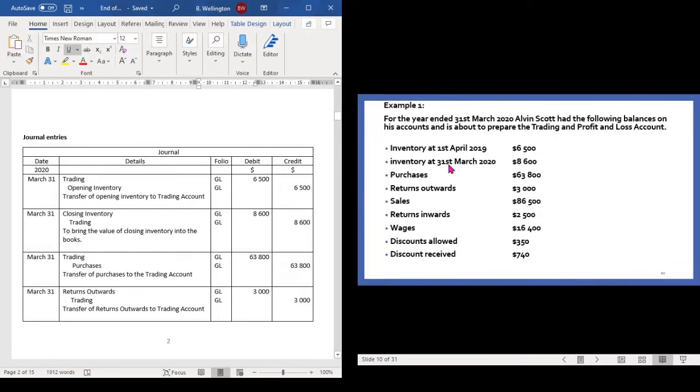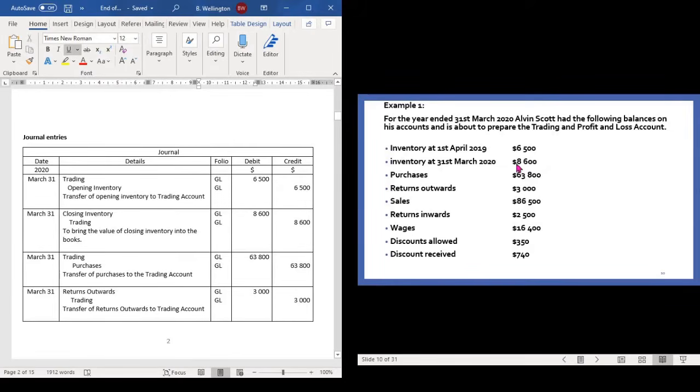You will count the stock to determine what value the closing stock is. So that would not have been entered in your books as yet. So you're going to be doing a journal entry to bring the value of closing inventory into your books.